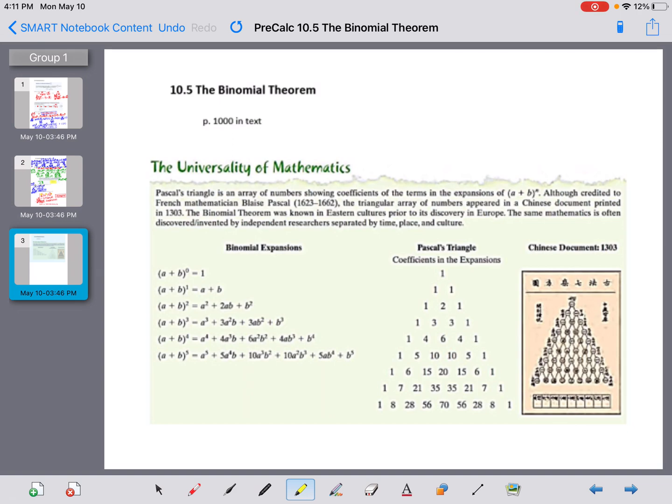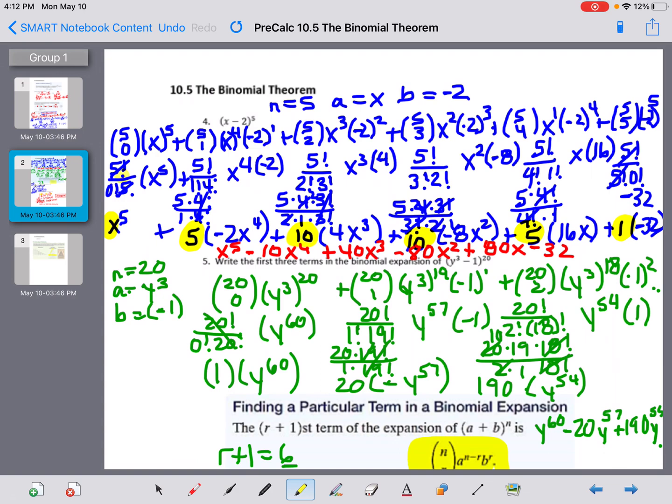And if I look at this row right here, do you see that 1, 5, 10, 10, 5, 1? And if I think about coming down from the top, 1, 2, 3, 4, 5, that's to the 6th power, okay? Actually, it's to the 5th power because the top one doesn't count. So the top one is the 0 power, then 1 power, 2 power, 3 power, 4 power, 5 power. And if you look back at that example, that was to the 5th power, right?